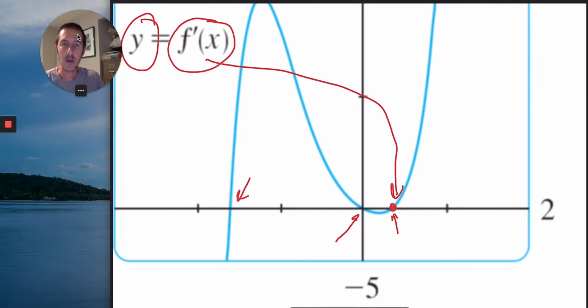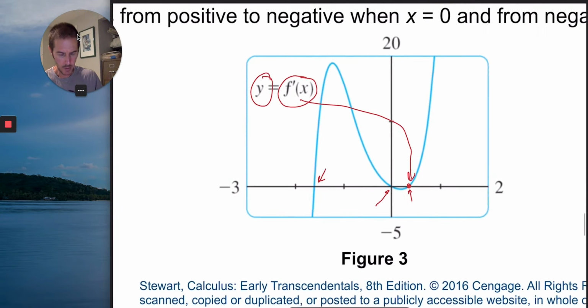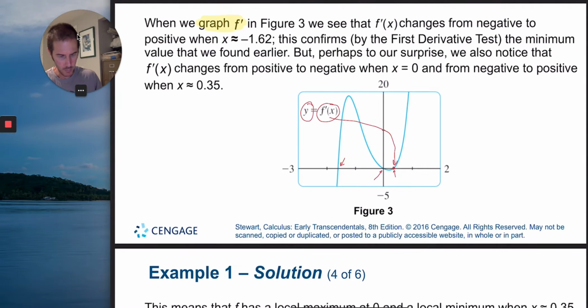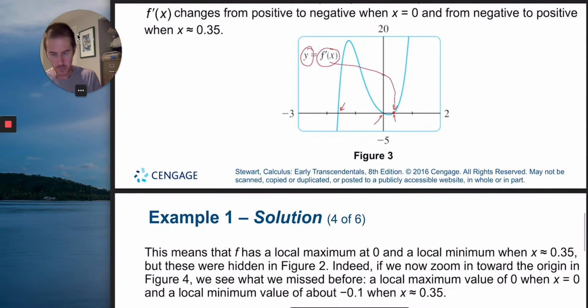What's 0? F prime is 0. The first derivative is 0. When is that happening? The answer to the question when is an x value. At which x value? That answers the question of when. The author's telling us approximately positive, what did he say, 0.35? Yep, there it is, 0.35.